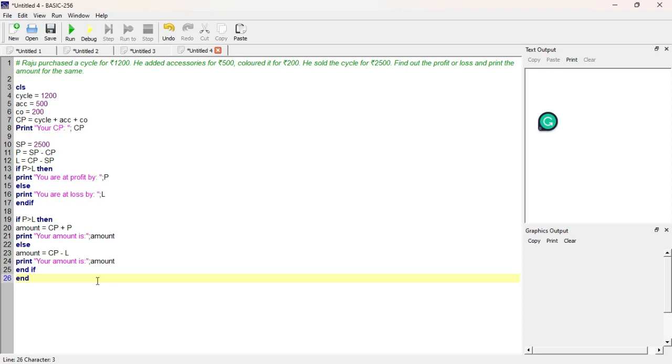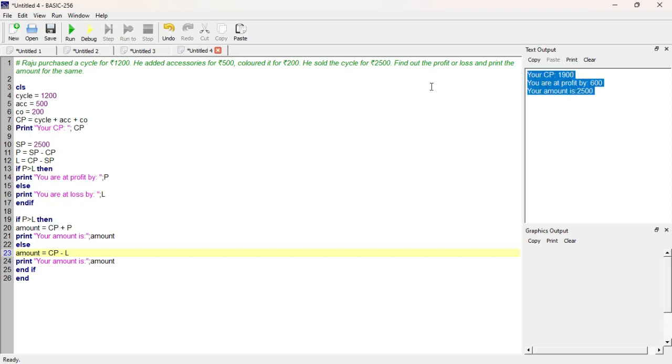If profit is greater than loss, then the amount is CP plus profit. Otherwise, the amount will be CP minus loss, because the SP is smaller. Let's check the program. So it's correct.